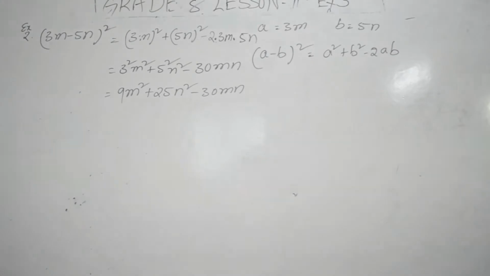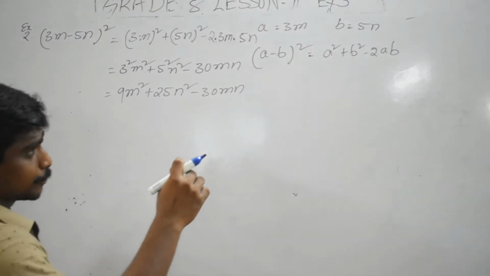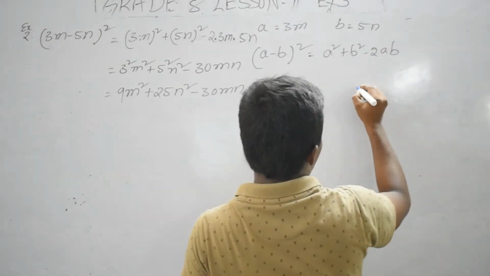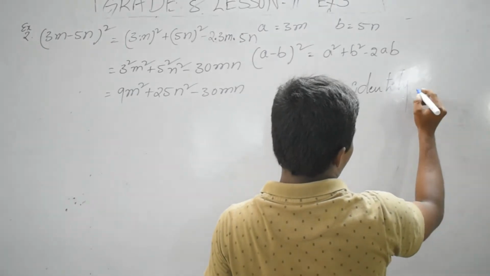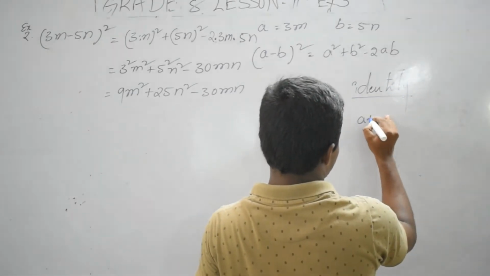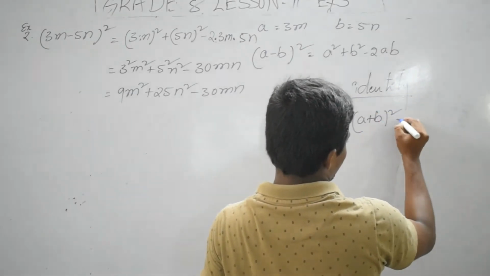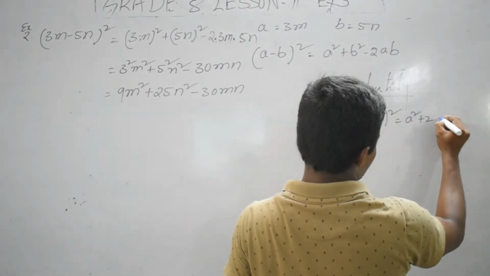Next one is another identity. So already you have identities, keep them and write it. The identity is (a plus b) whole square, a square plus 2ab.